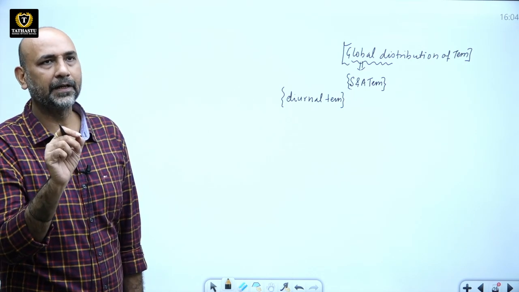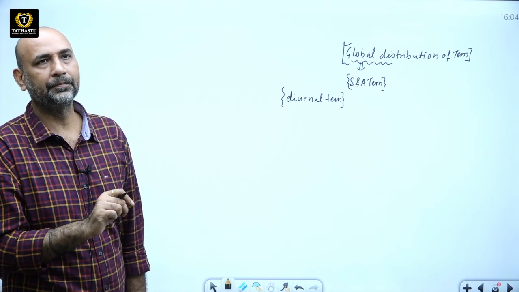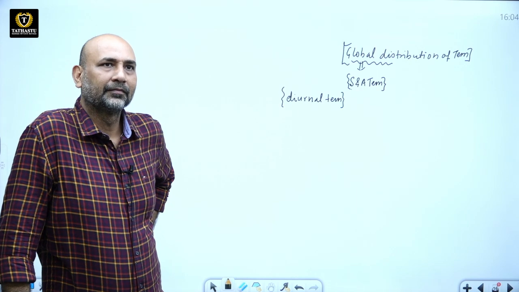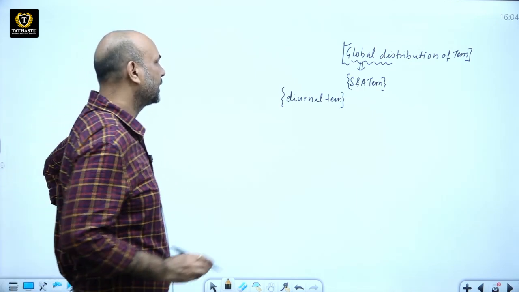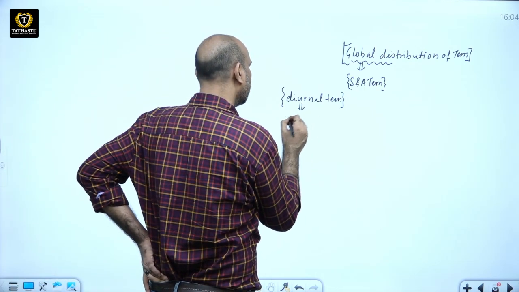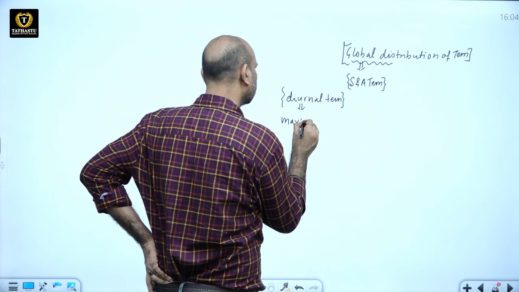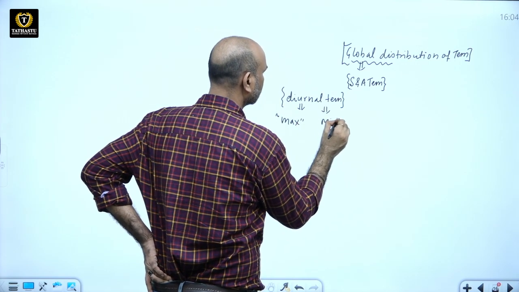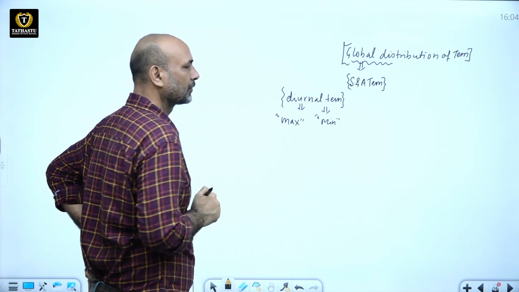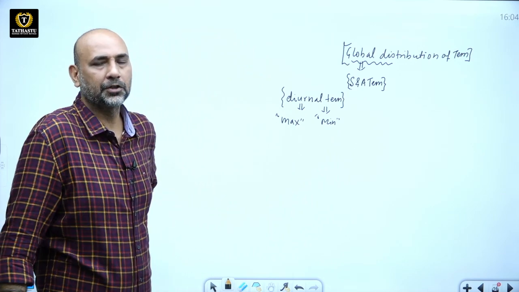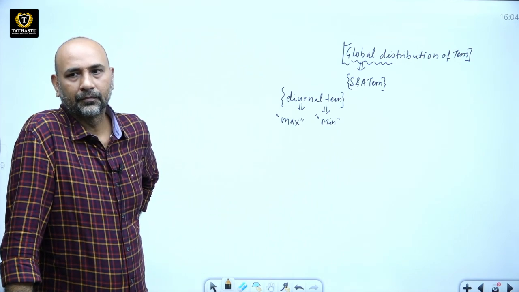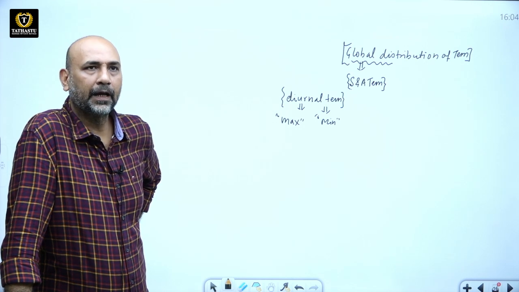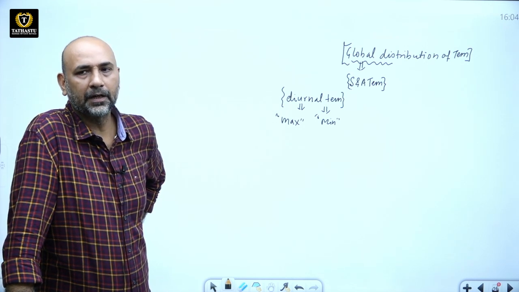And diurnal temperature is the only recorded temperature, the rest are calculated out of diurnal temperature. So diurnal temperature indicates maximum and minimum. That is printed in newspapers too, provided in India by the Indian Meteorological Department.